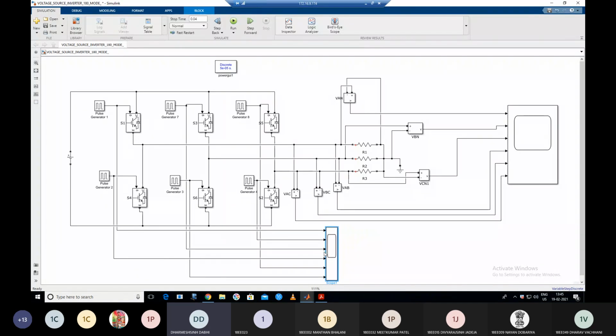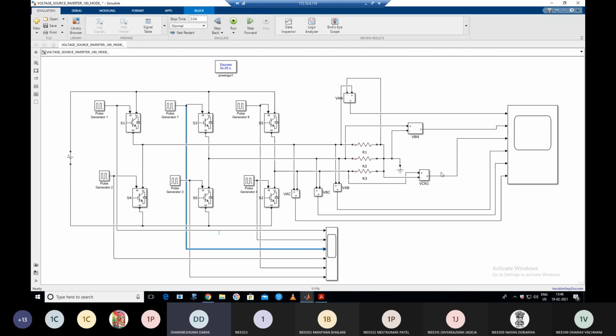I connect all the switch gate pulses in sequence: first for switch number 1, second for switch number 2, third for switch number 3, and so on up to S6. Clear? So you can measure the gate pulses here, and 6 voltages, 3 line voltages and 3 phase voltages, and then do the FFT analysis and check the dominant harmonics as well as THD.